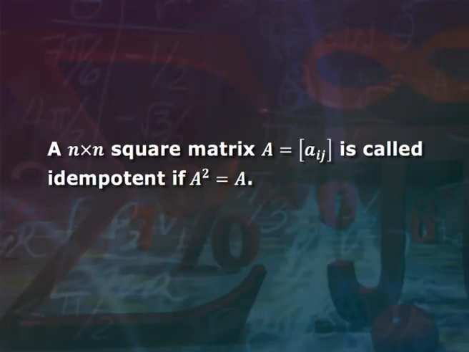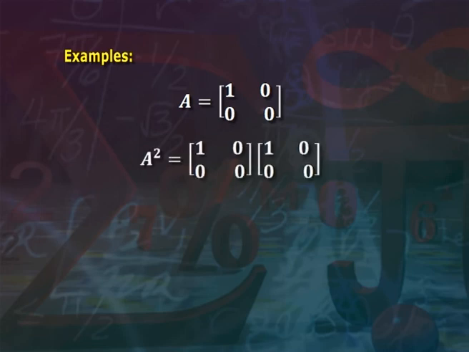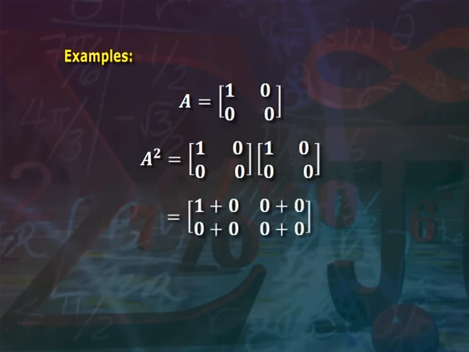An n by n square matrix A equal to aij is called idempotent if A square equal to A. Example: A equal to 1 0 0 0, A square equal to 1 0 0 0 times 1 0 0 0 equal to 1 plus 0, 0 plus 0, 0 plus 0, 0 plus 0, equal to 1 0 0 0.